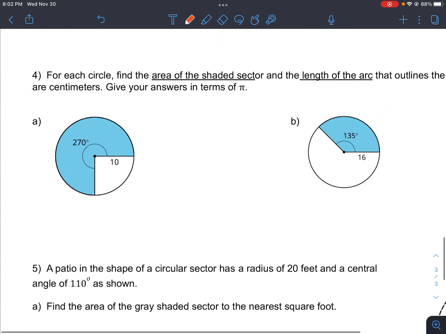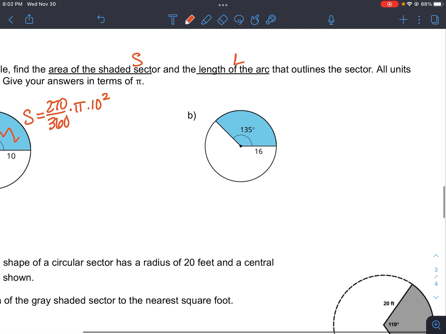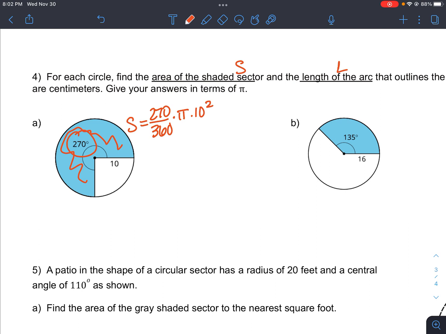Okay. Give the area of the shaded sector and the arc length. Okay, so the shaded part. So there's your angle, so there's theta. 270 out of the whole circle, 360, times pi times 10 squared. Give your answer in terms of pi. So I'm going to type that in a second. Arc length starts out the same exact way, except it's times 2 pi and 10.